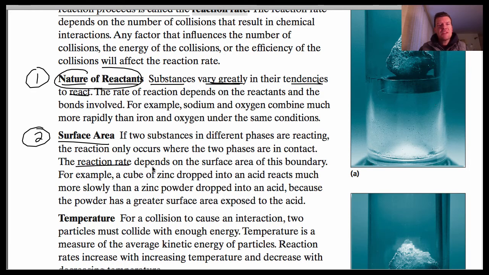So the reaction rate depends on the surface area. That boundary area, that area between the two substances so that they can interact and collide. If you increase that, and one way to do that is to cut the substances down into small pieces so you can get in there and have the particles interact better, okay?